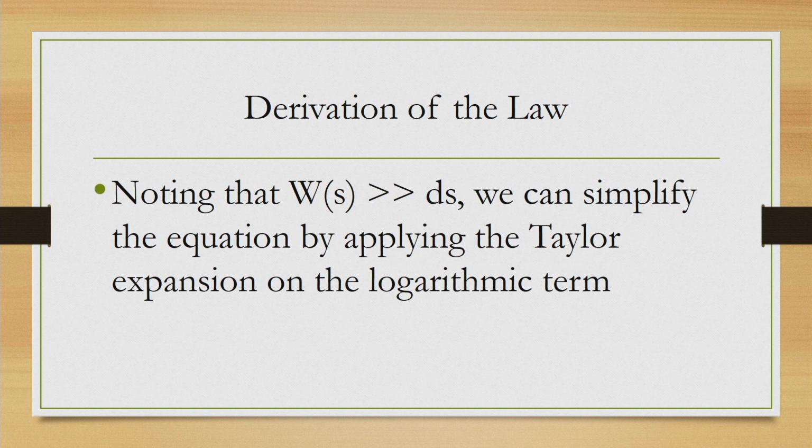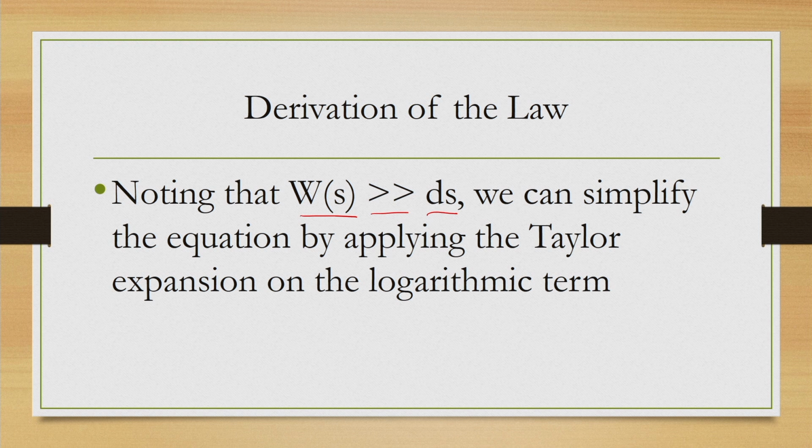Now, if we make one simplifying assumption, that is the width of each segment Ws is much greater than the distance between the center points of two consecutive segments, which is anyway likely to be the case because here we are dealing with infinitesimally small segments which may be having large width.